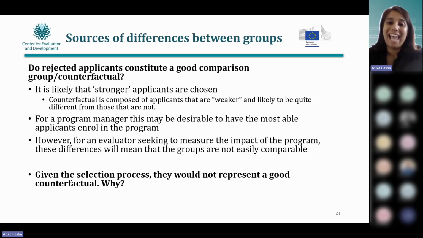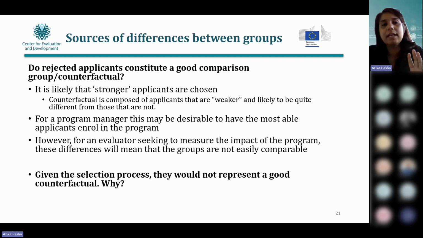So they can be stronger, or alternatively, you're looking at a more vulnerable population, so they can be weaker in general. So amongst the people you've rejected might be the people who are more well off, have had previous employment experience, and so on. So these youths could be left out.